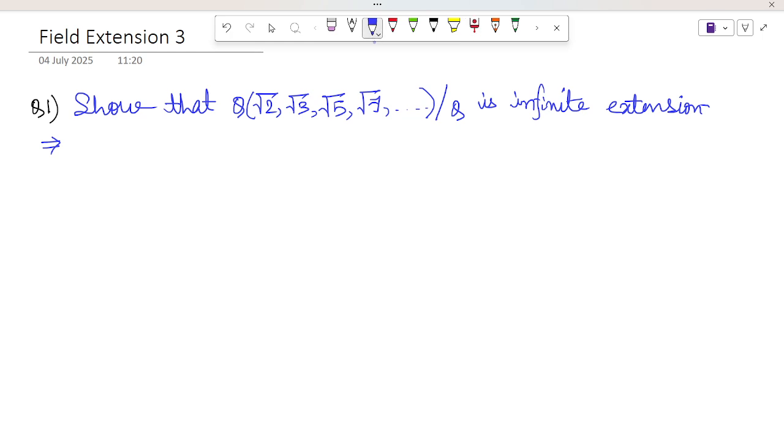So let us assume that it is a finite extension, and we will produce some contradiction, try to compute that degree of extension. So that is attaching the square roots of primes.